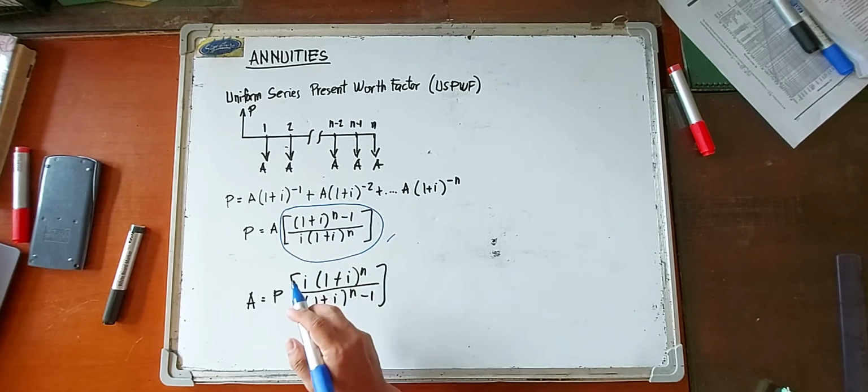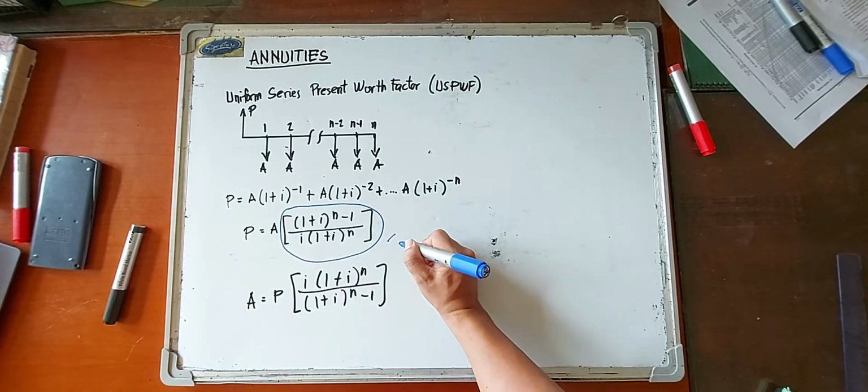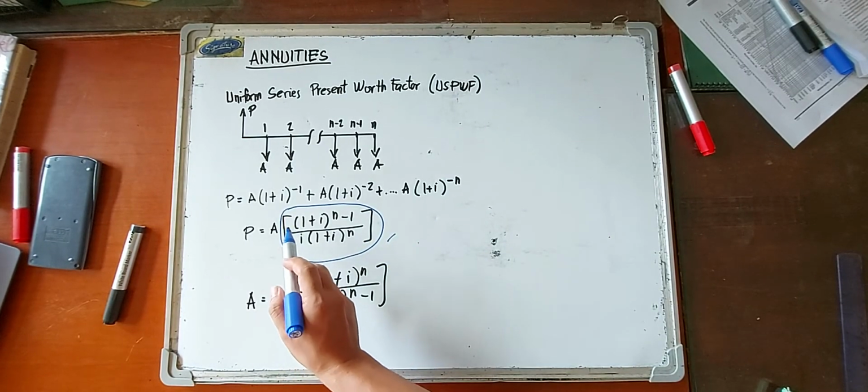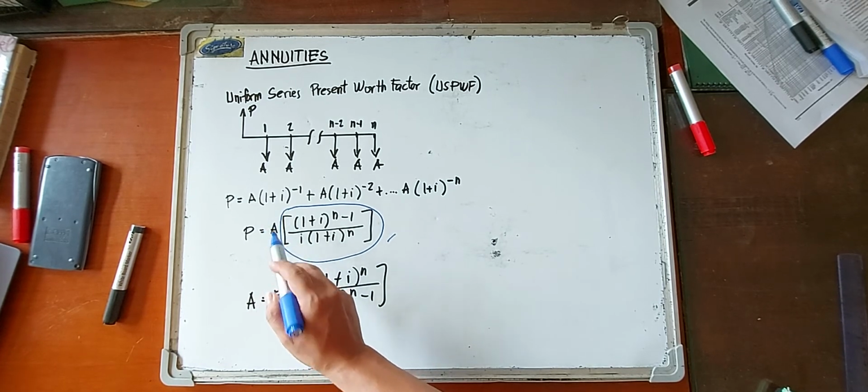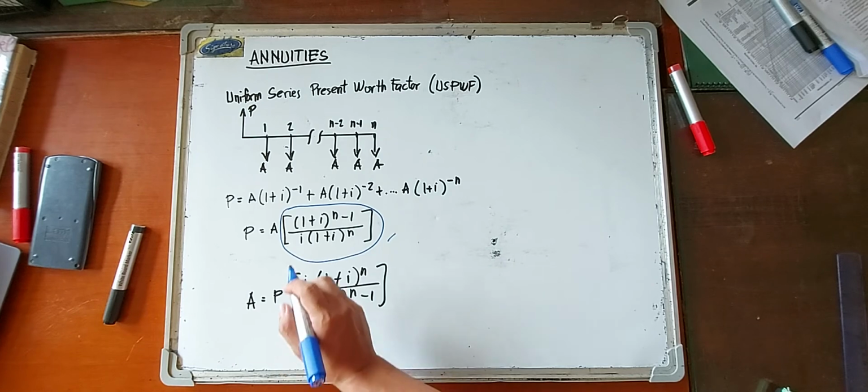If that is the case, we can just manipulate this equation. Since we are solving for A, the periodic payments, i-cross multiply lang natin.